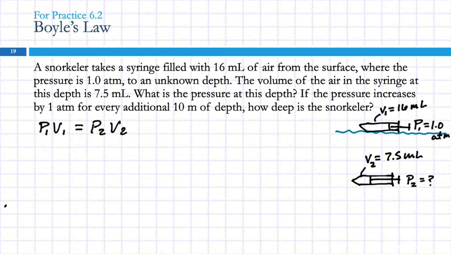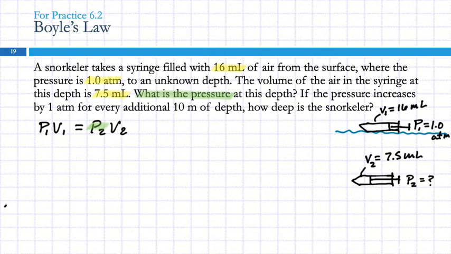Here we have 16 milliliters at 1 atmosphere, and then we have 7.5 milliliters. So what I'm trying to find is pressure 2. Rearrange the equation first, and then put the numbers in.